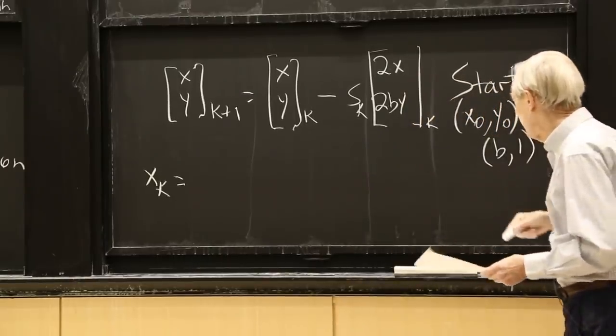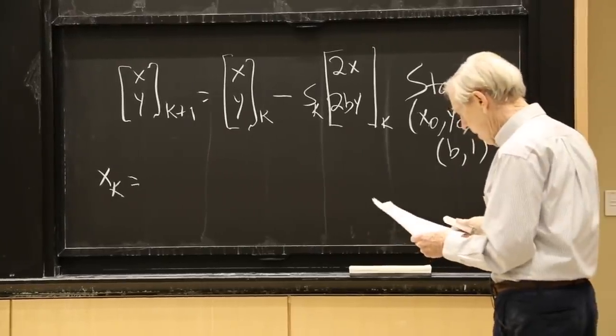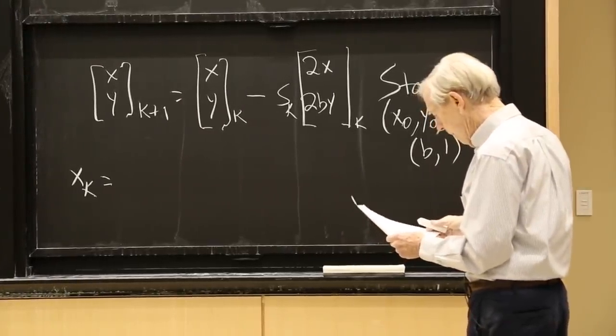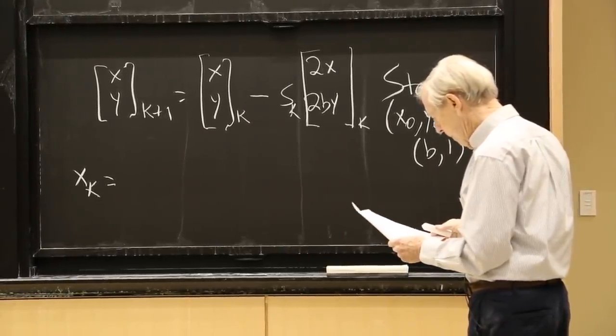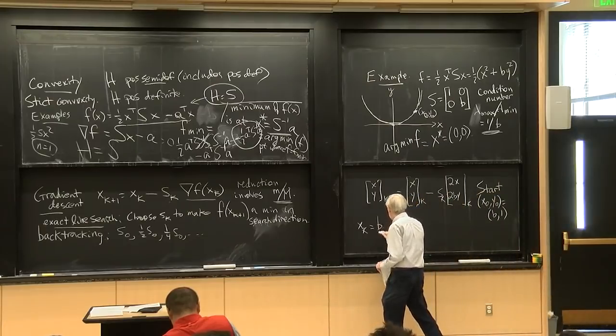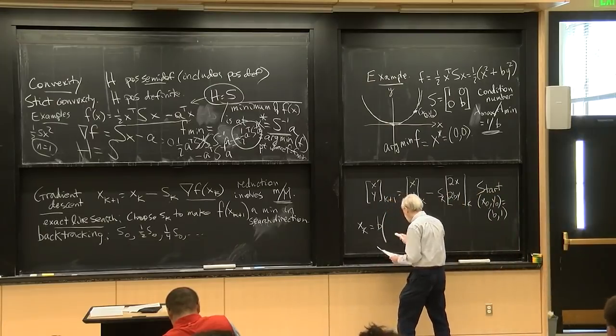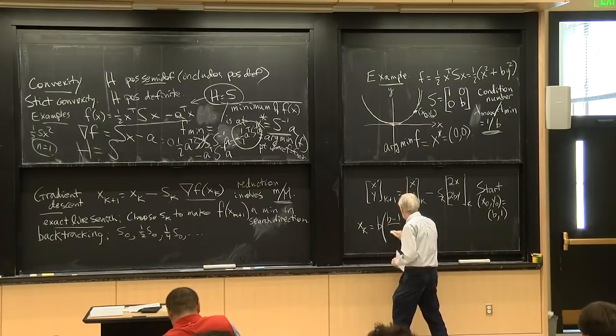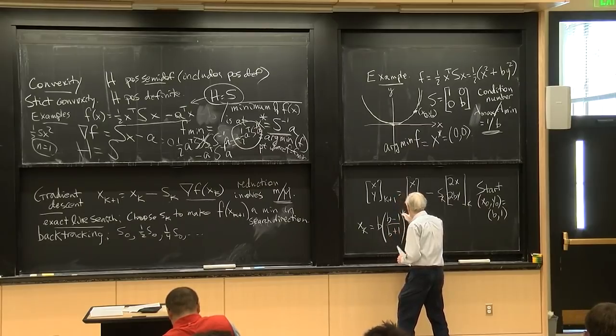Turns out that'll make our formulas very convenient. So x_k is b times the key ratio, b minus 1 over b plus 1, to the kth power.